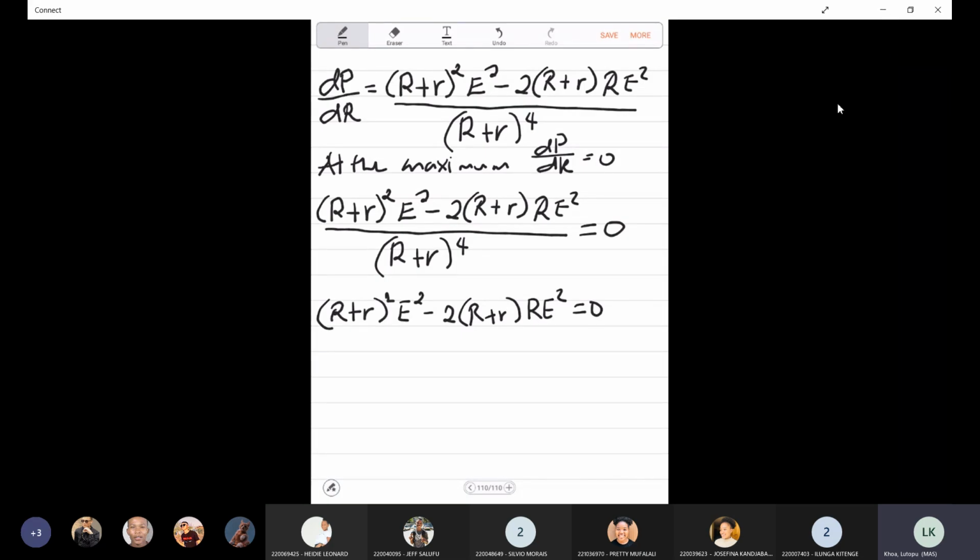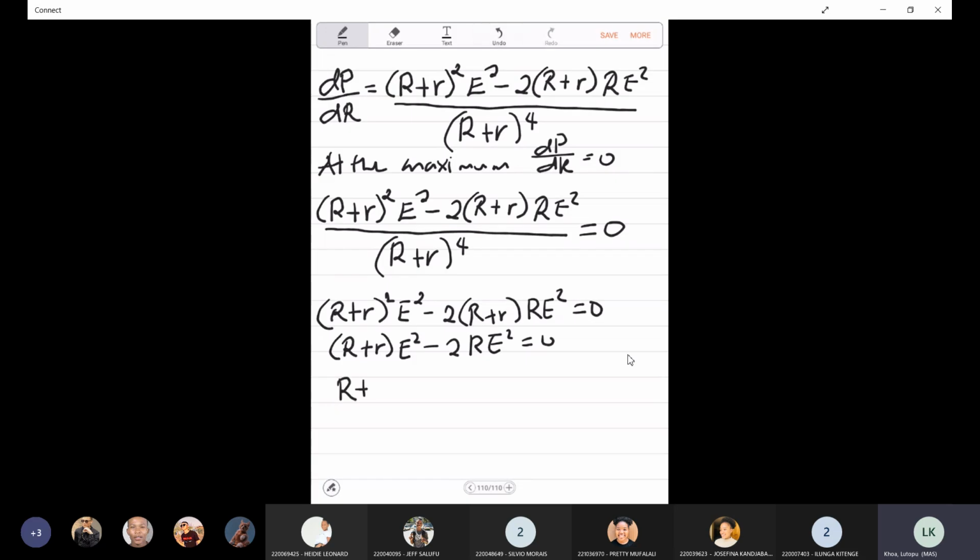Okay, then again we can divide by big R plus small r squared. You can see this bracket is common. So we will have R plus r times E squared minus 2R E squared is equal to 0. I should have just also divided by E squared throughout, but you can still do it here, and I don't even need the brackets anymore.